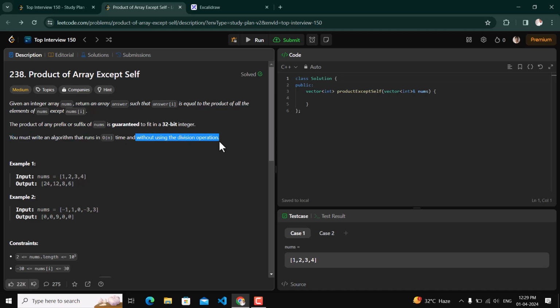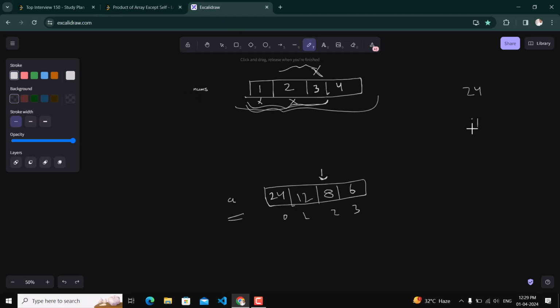Now, one approach for solving this problem is by using the division operator. So let's discuss that. First of all, we will calculate the product of all the elements of this array, so that is 24.